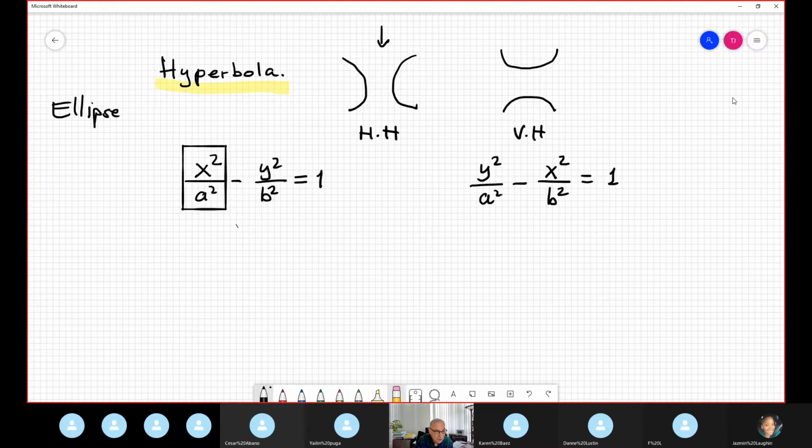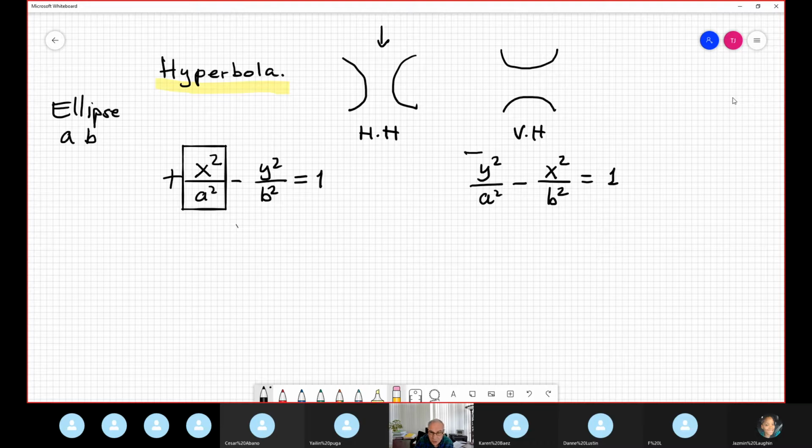But in this case, a different idea. In the ellipse, a is the major axis or semi-major axis, so a is the big number and b is the small number. But in this case, no big, no small. A is the coefficient that contains the positive part of the equation.